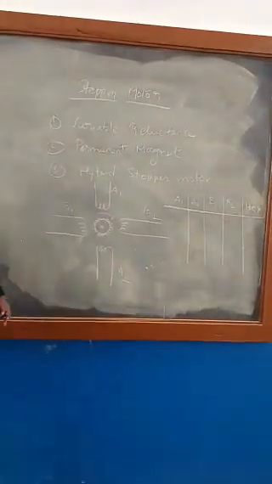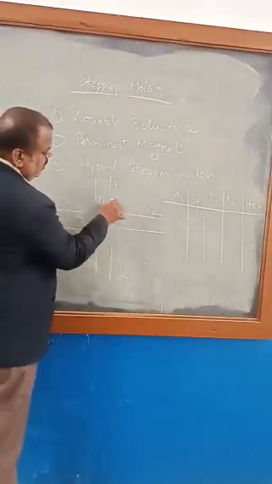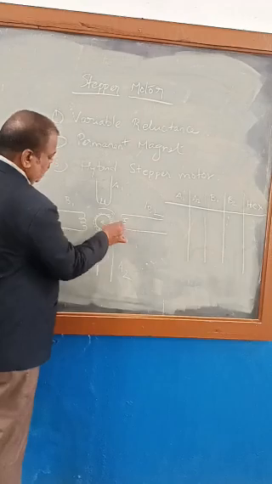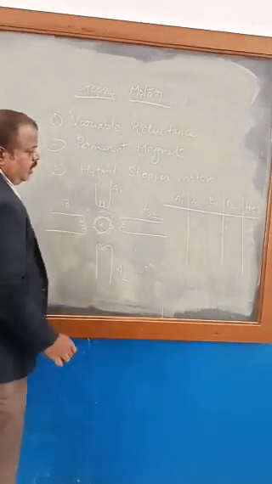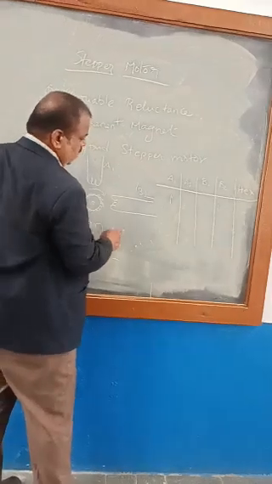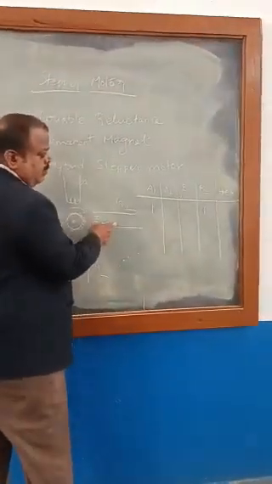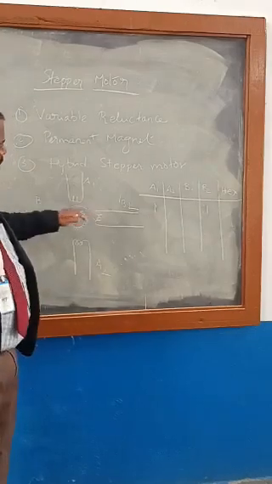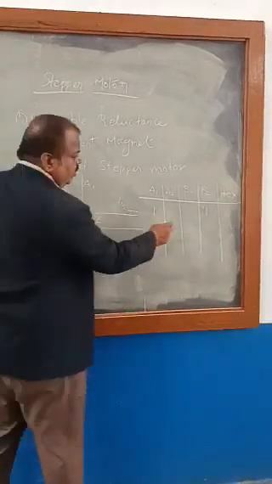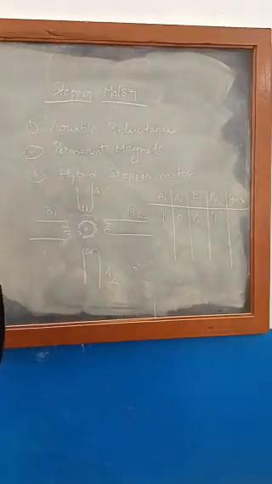For rotating in the clockwise direction, first I will give a pulse to A1 and B2 as the input signal, and B1 and A2 will be 0.